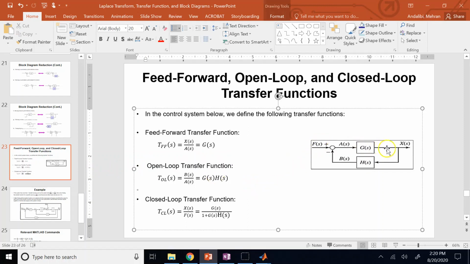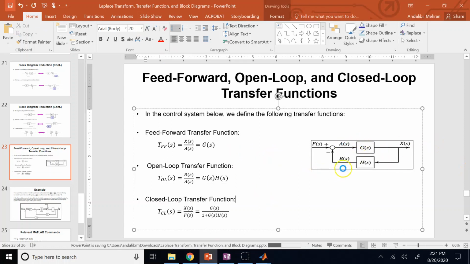And finally, closed loop, which is X over F, we just showed that it is G over 1 plus GH. So I guess we proved that, but I just want to make sure you all know that.